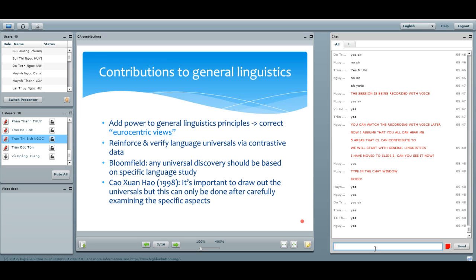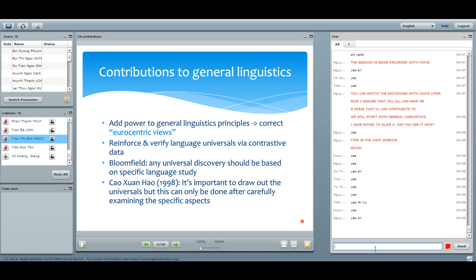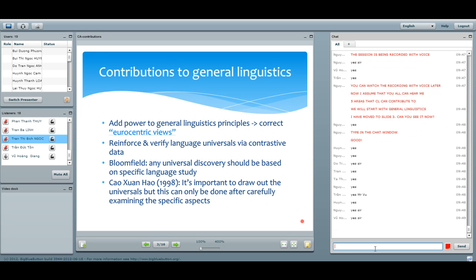Now, contrastive linguistics has made several very important contributions to general linguistics. First thing first is add powers to the general linguistic principles by comparing and contrasting thousands of language pairs all over the world.